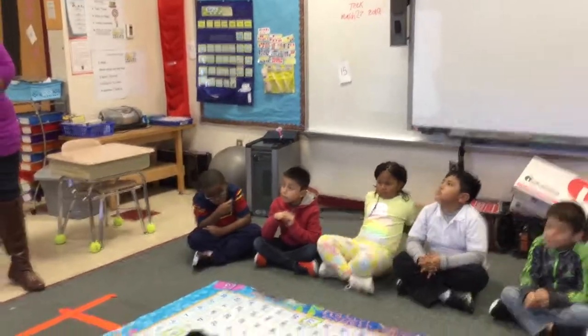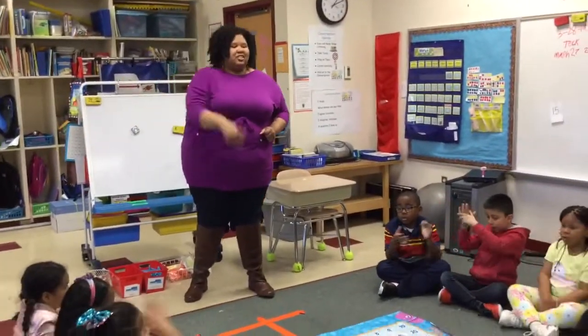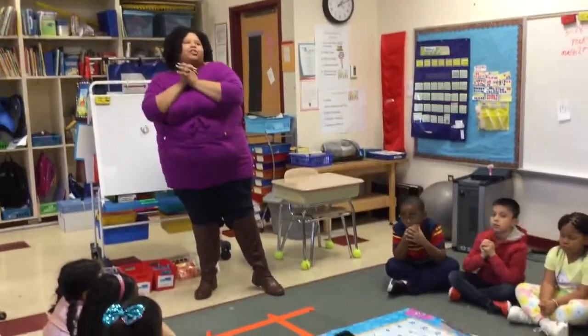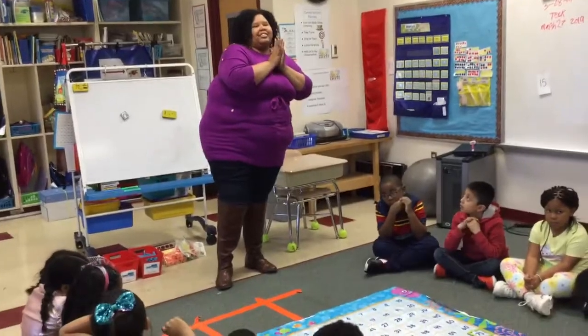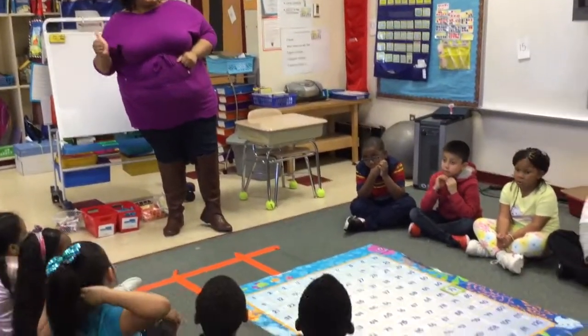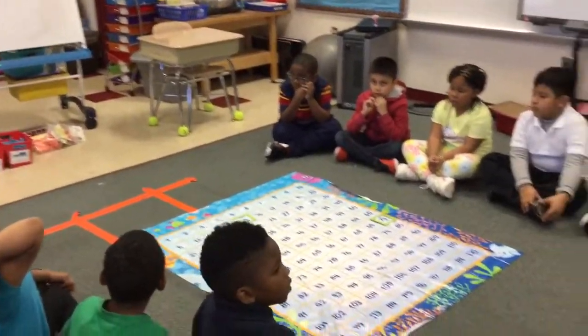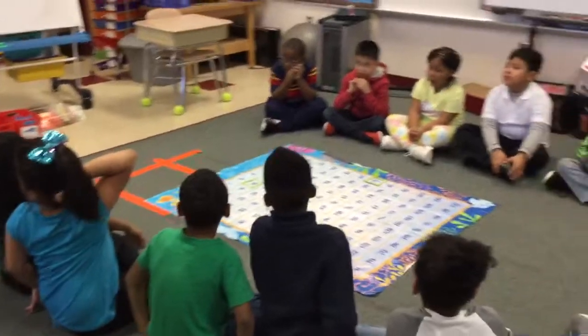Here's one more. Get ready to catch. 12. Catch it. 12. Now, do we hear teen or D at the end of 12? No. 12 and 11 are irregular teen numbers. They don't follow that pattern.